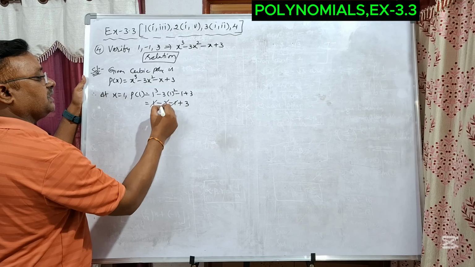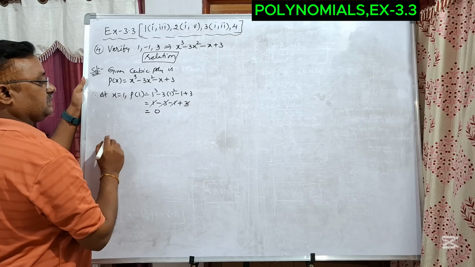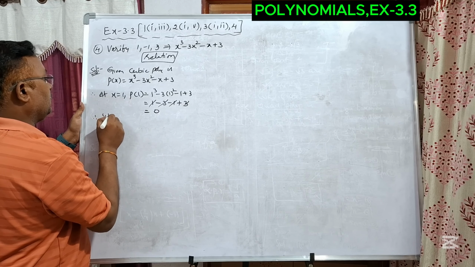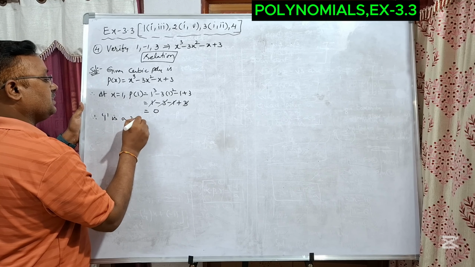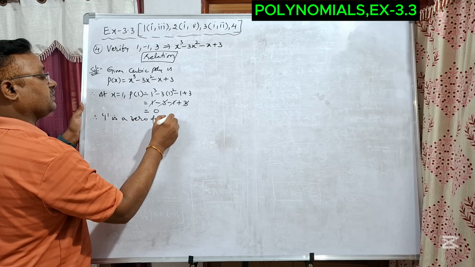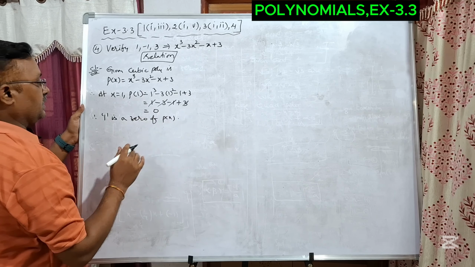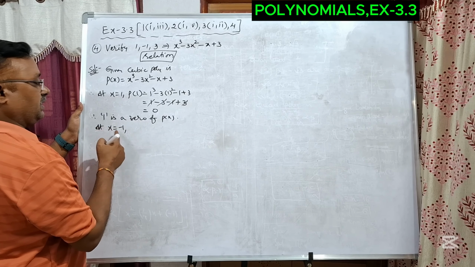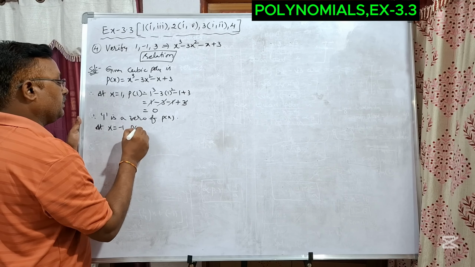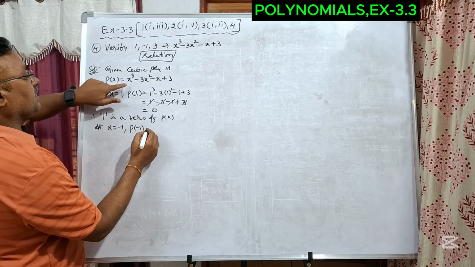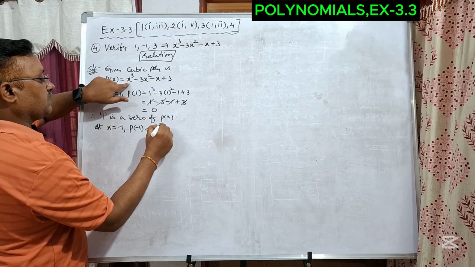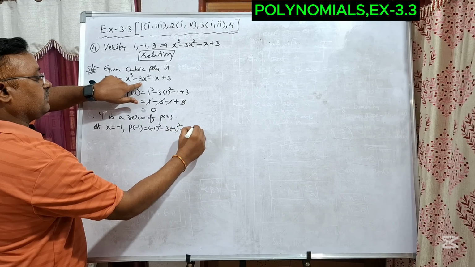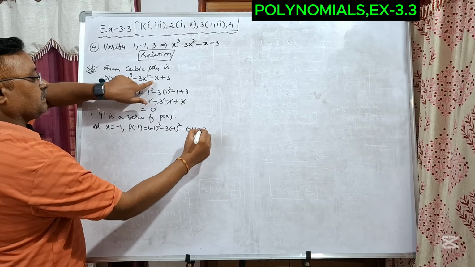Plus 1 minus 1 cancel, minus 3 plus 3 cancel, answer 0. Since the polynomial value is 0, therefore 1 is a zero of p of x, we can say. Now at the second x value, minus 1, x equal to minus 1, the polynomial value p of minus 1 equals minus 1 cube minus 3 into minus 1 square minus of minus 1 plus 3.